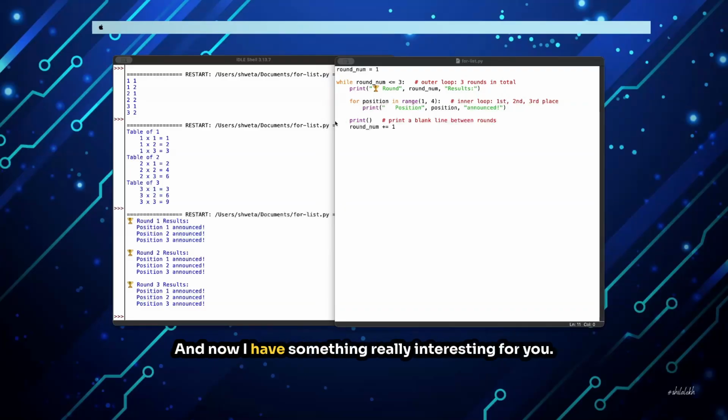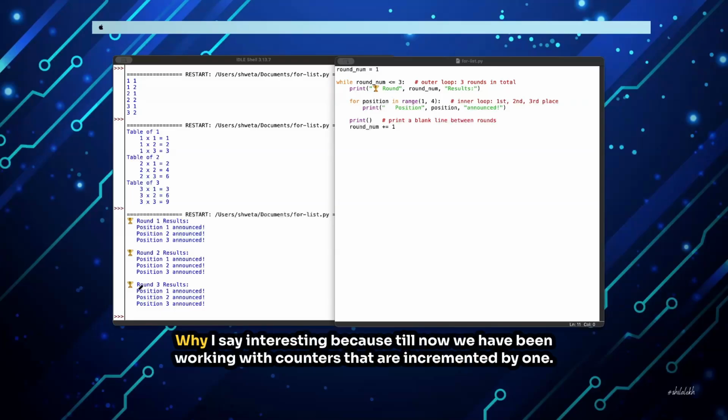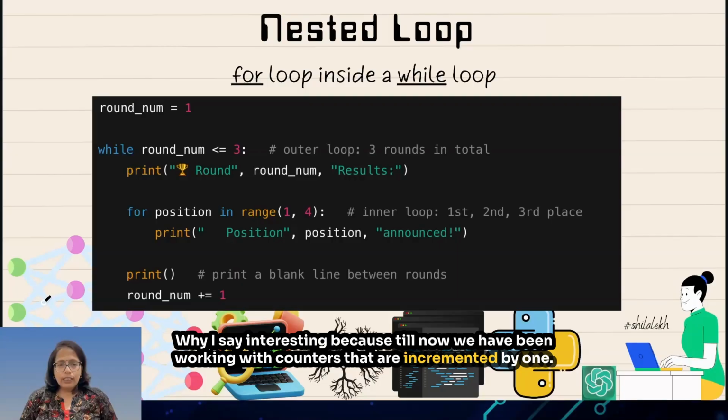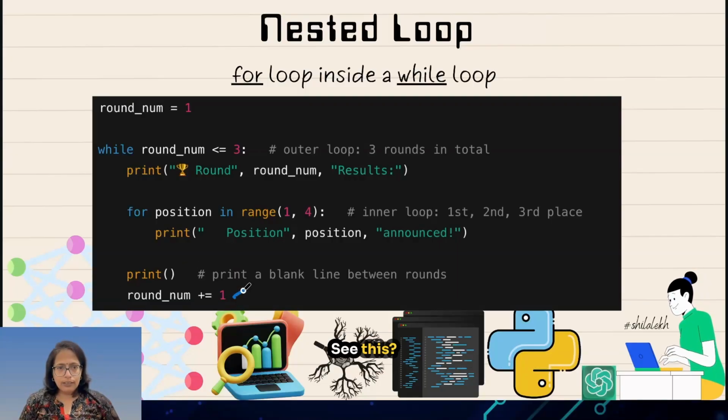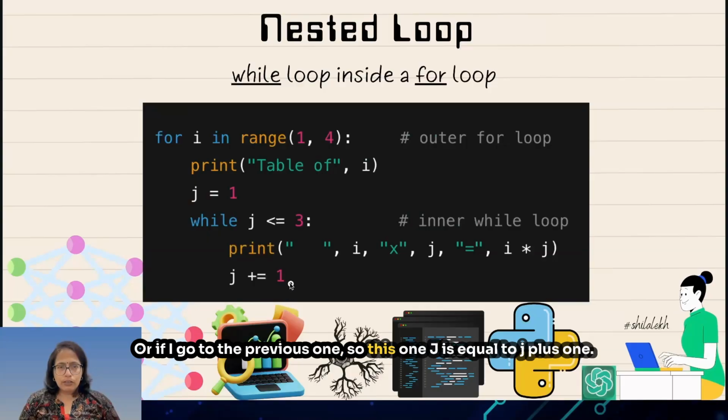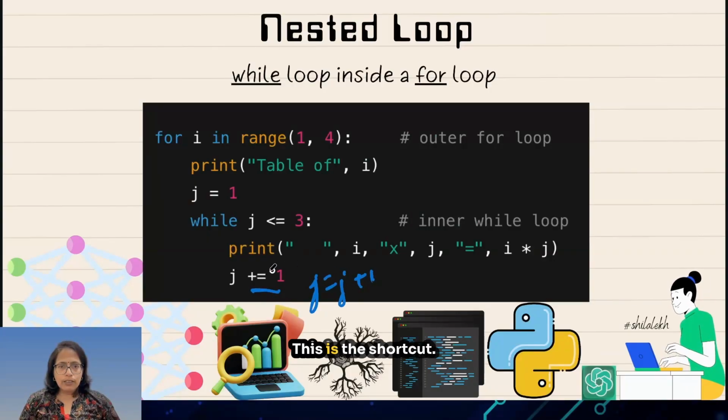And now I have something really interesting for you. Why I say interesting? Because till now we have been working with counters that are incremented by 1. See this, or if I go to the previous one, j is equal to j plus 1. This is the shortcut.